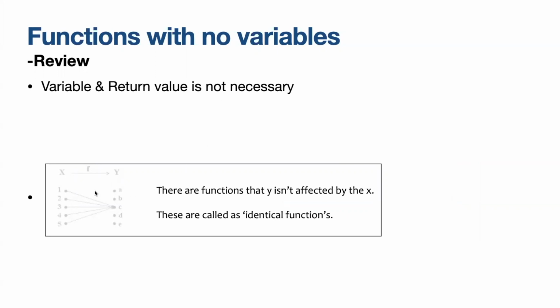There are some functions where all of the x constitute the same y, which means a constant function. The codomain may be some space, however the output might not be actually affected by x. So we may call these kinds of functions identical functions or constant functions.